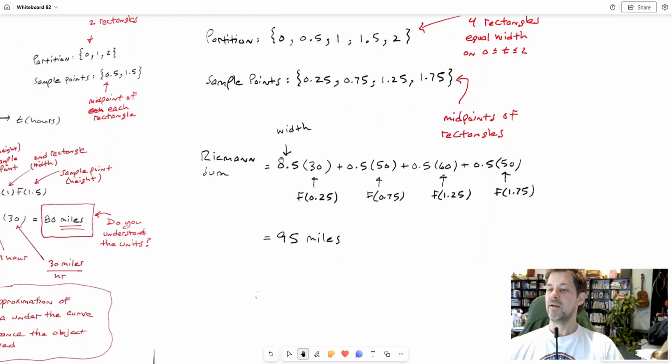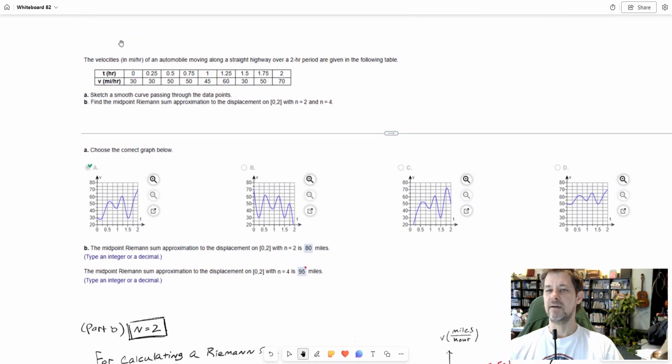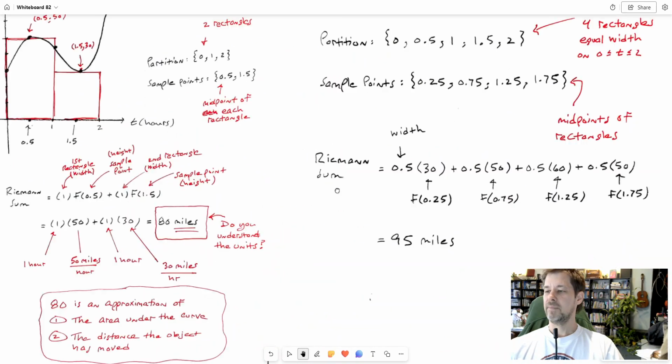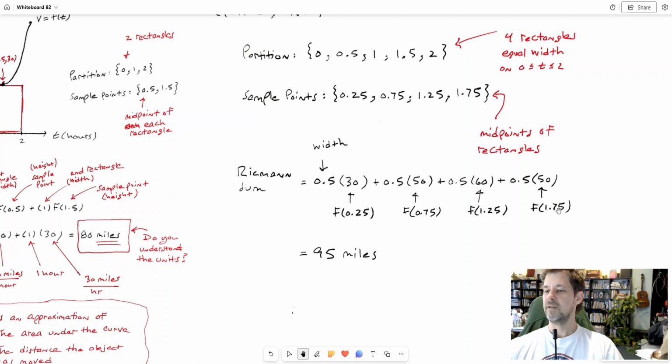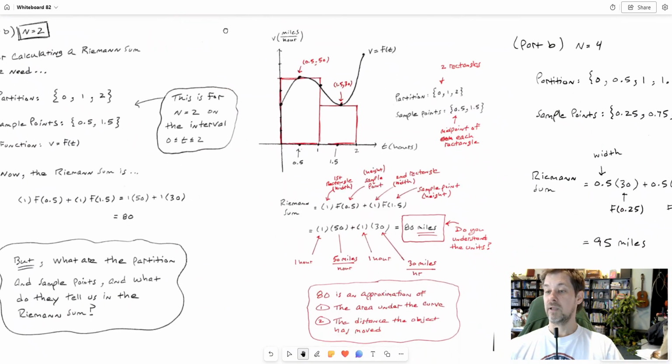And I find all of that information either by the function, if it's given as a formula, which is not this time. If it was given as a formula, I'd put 0.25 into that formula and I would get the number that's supposed to be there. In this case, I only have the data on this table, okay? So I have to make use of that, but I can look up every one of these and I get 95 miles.